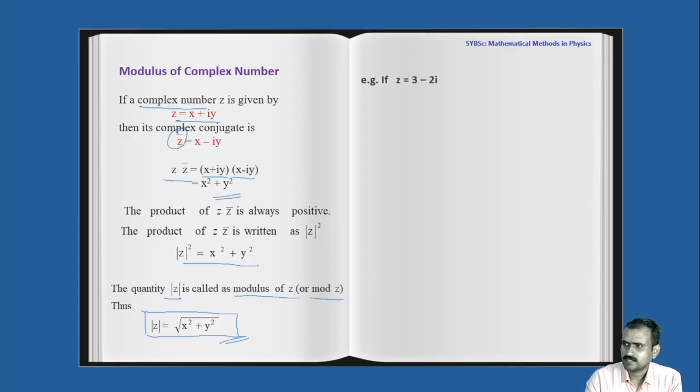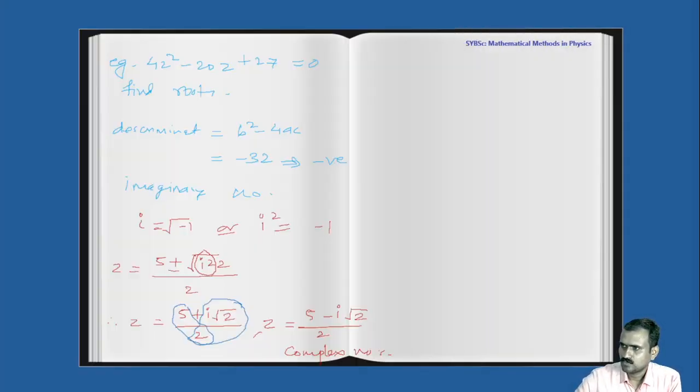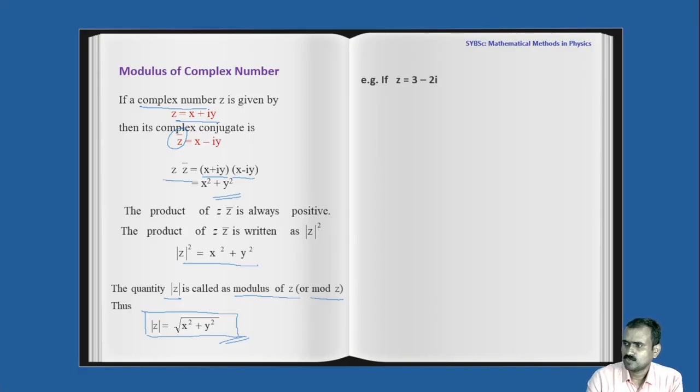Here we can take one example to find the modulus of this number. For mod z we need to consider z into z bar. We already have a complex number z, and we need to find its complex conjugate. Its complex conjugate z bar equals 3 plus 2i. Therefore mod of z equals square root of, and we can find it in two different ways.